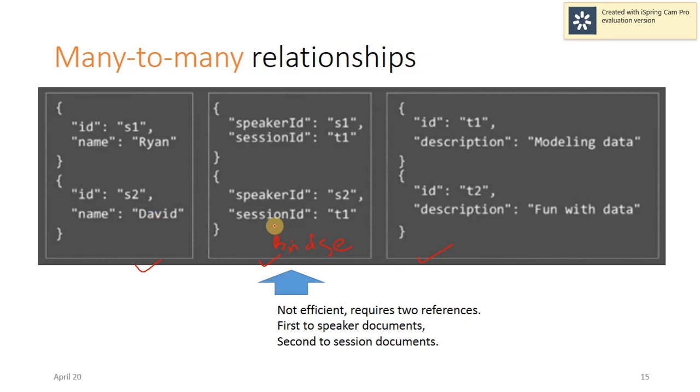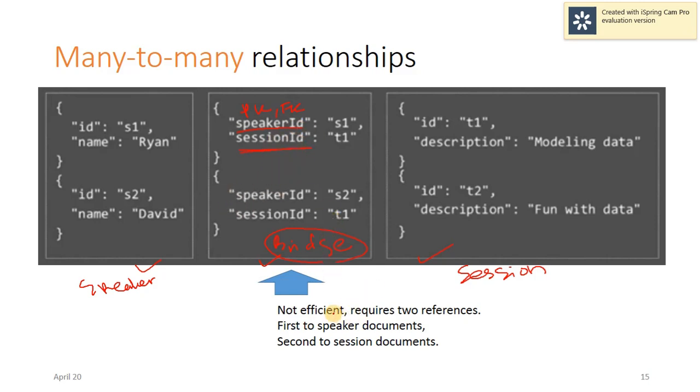The first box here is the collection on the speakers. This is the collection on the sessions. How are we going to join these two is by using this bridge, and the bridge is going to have 2 document keys. One key is the speaker ID, the second key is the session ID. So this is what we consider as primary key and also foreign key when modeling in relational way.